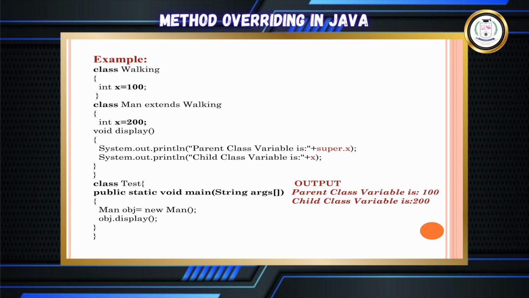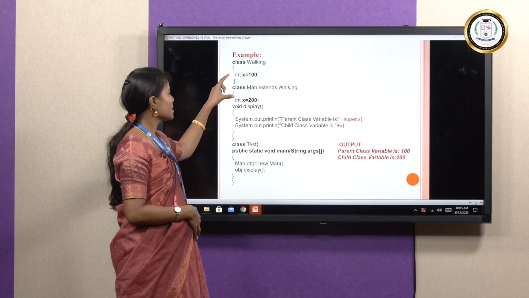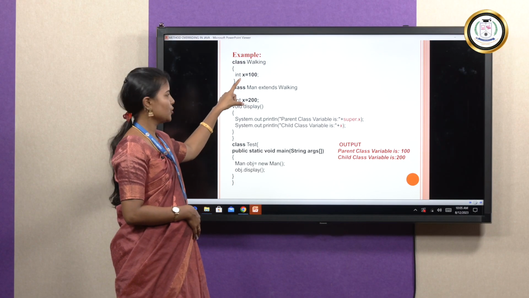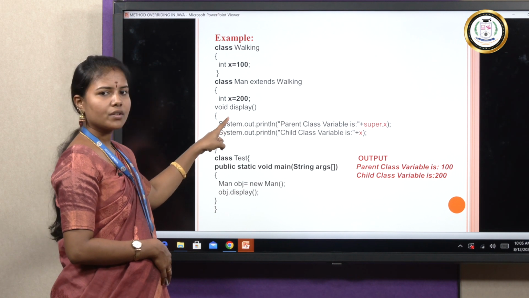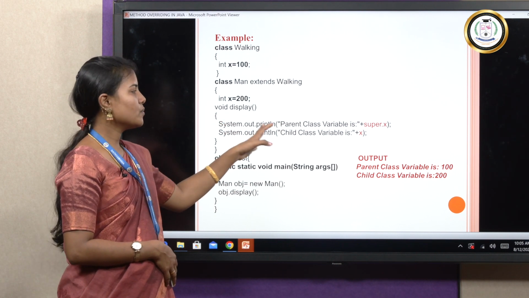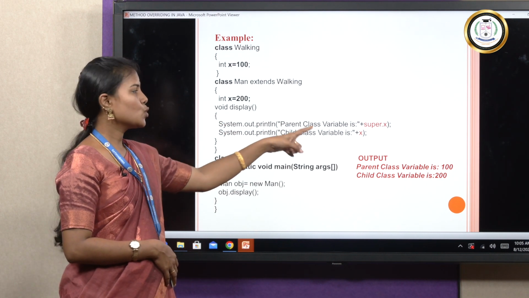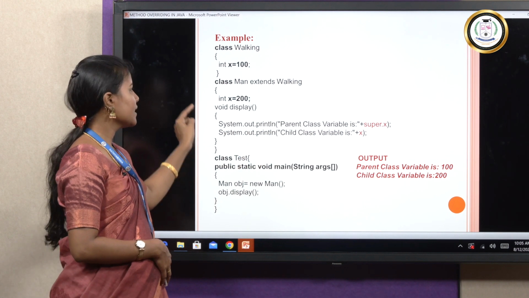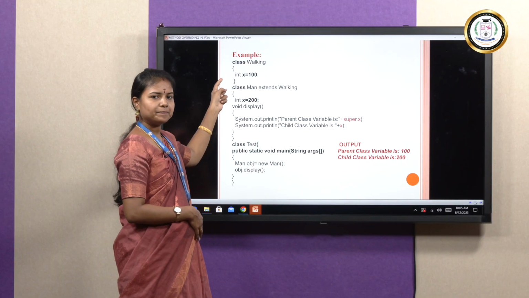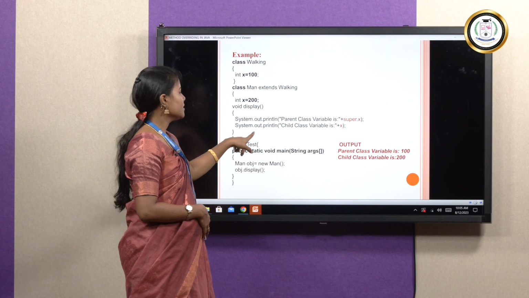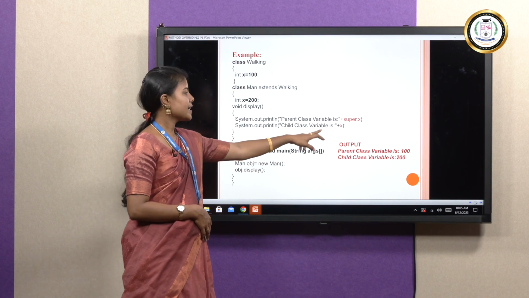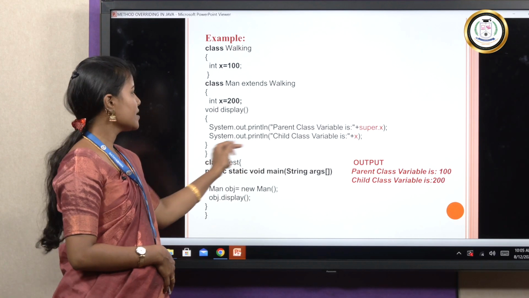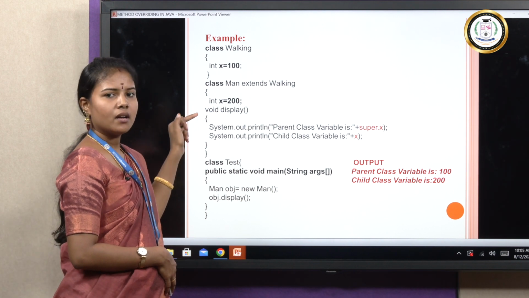Let's see the example program. Here is the same program, but the variable has a different value. Okay, the same variable name but different value. Now we are going to the same concept, void display(), and System.out.println with the parent class variable super.x, it is automatically going to the parent class variable, and then System.out.println(x), the declared x, so it is automatically going to the child class variable.